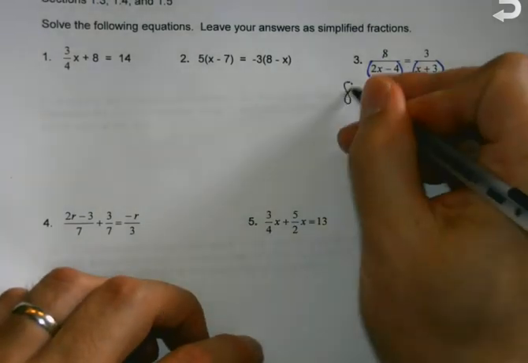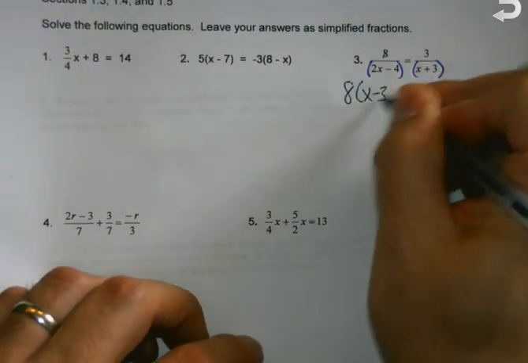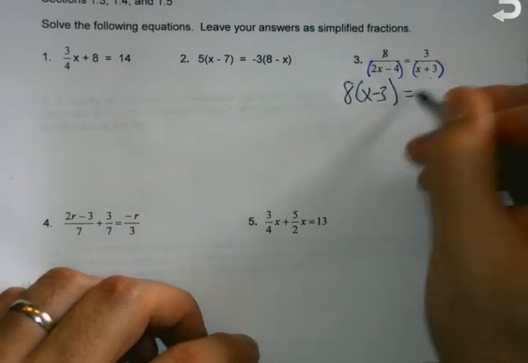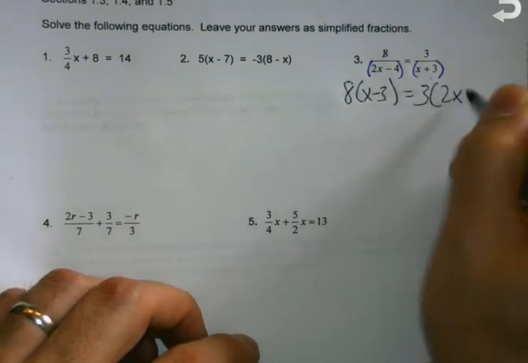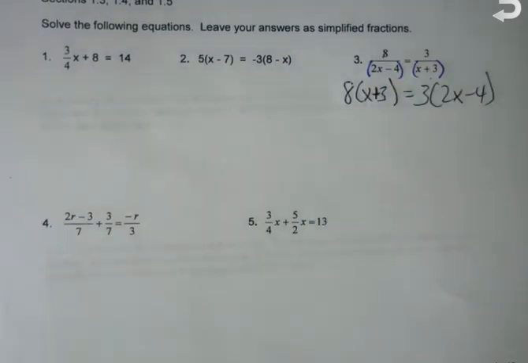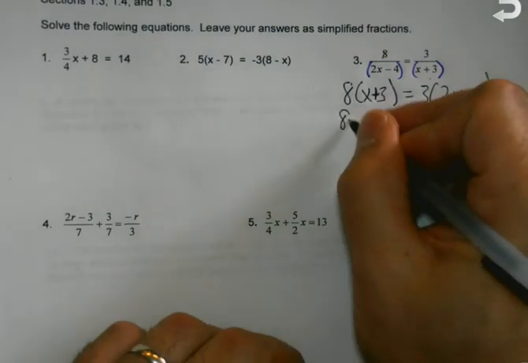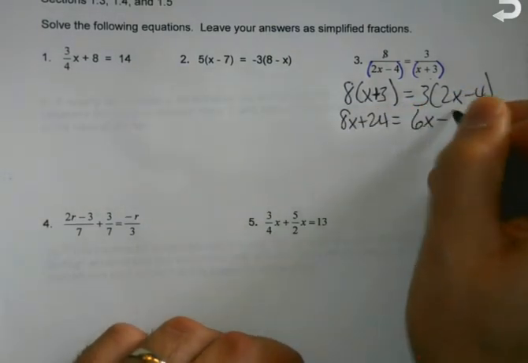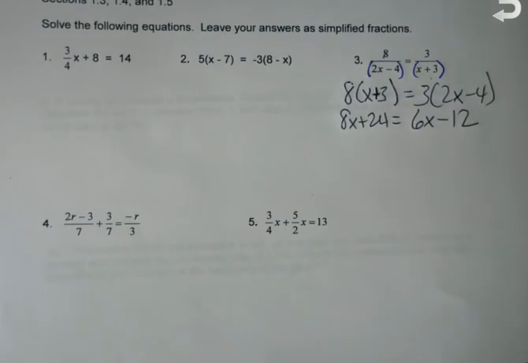In other words, here, this 8 is going to distribute through the x minus 3. The 3 is going to distribute, oops, thank you. Make sure we get the detail in there good. And now at this point, I'm going to distribute through and go ahead and just solve this.